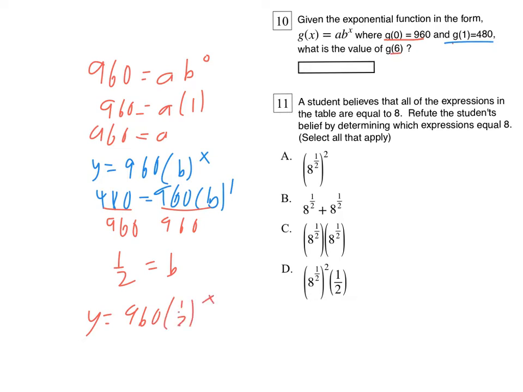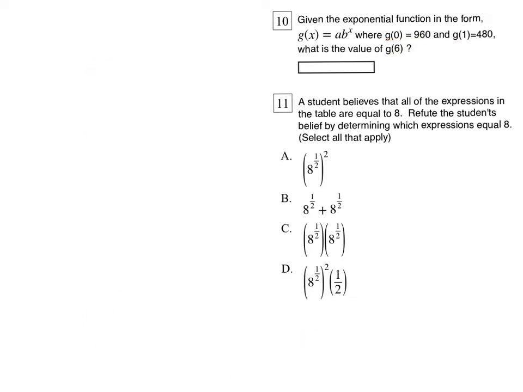Now they're asking for g of 6, so I'm going to replace x with a 6. I would say a calculator is okay for this one. This turns into 960 times 1 over 64, which simplifies to 15.